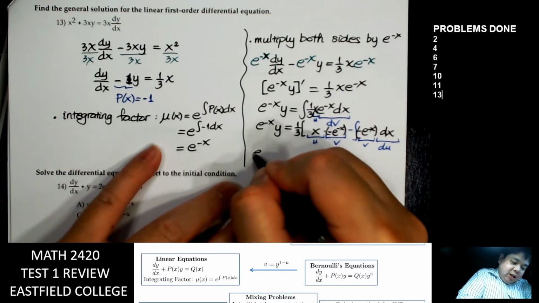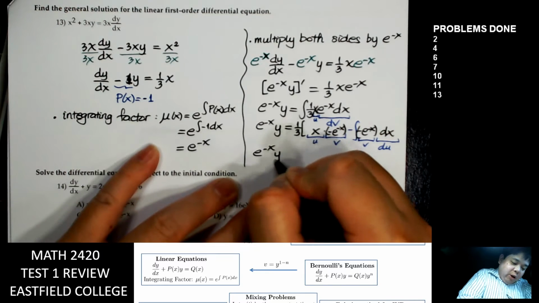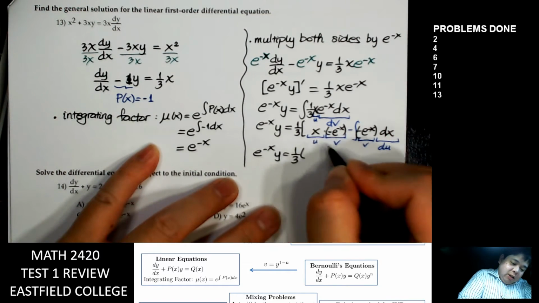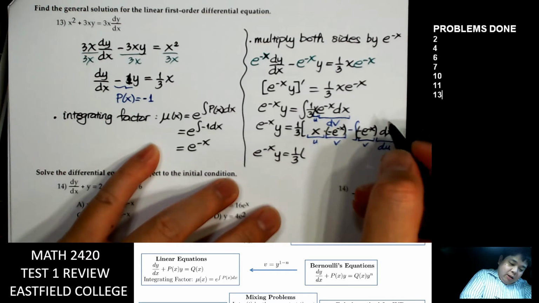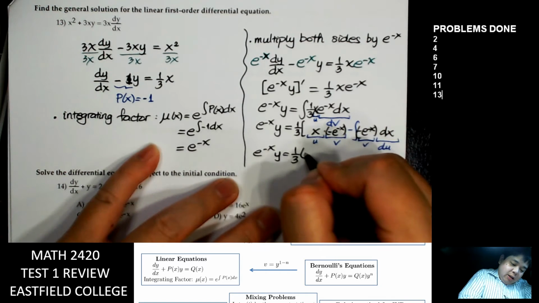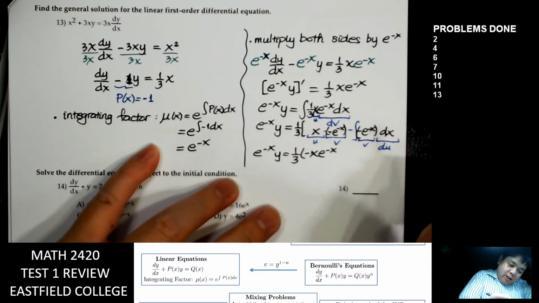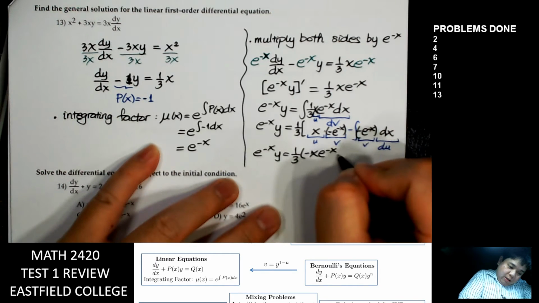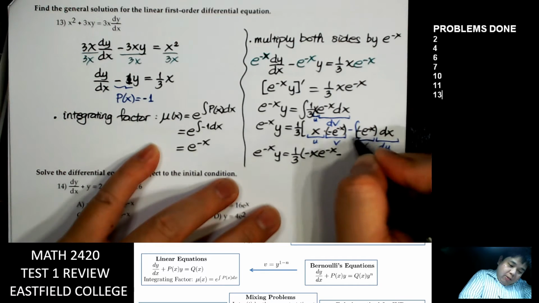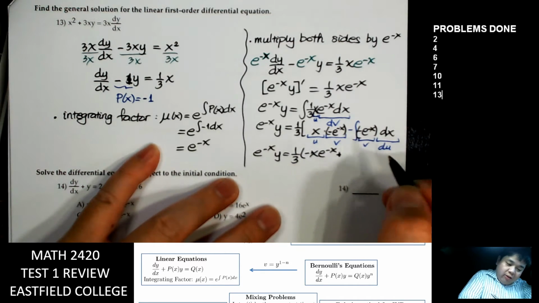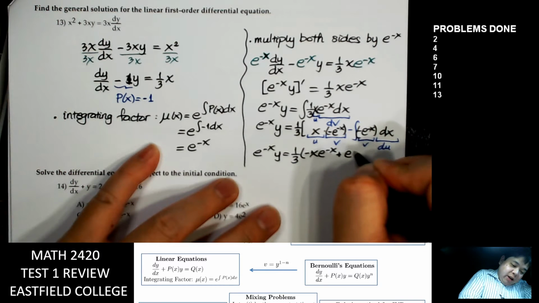Alright, clear this out. We will have 1/3 negative x e to the negative x minus negative, so that turns into a positive, e to the negative x.